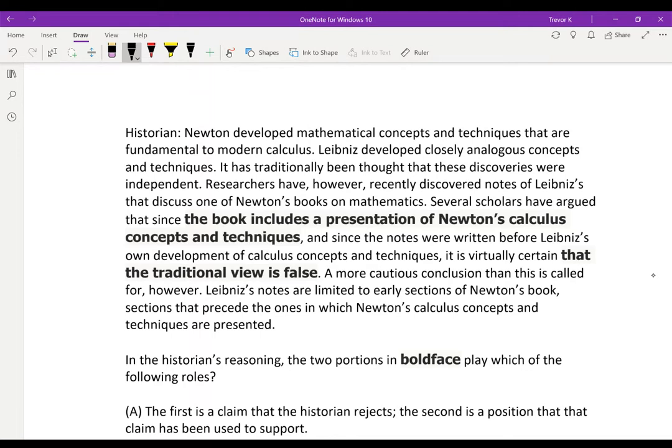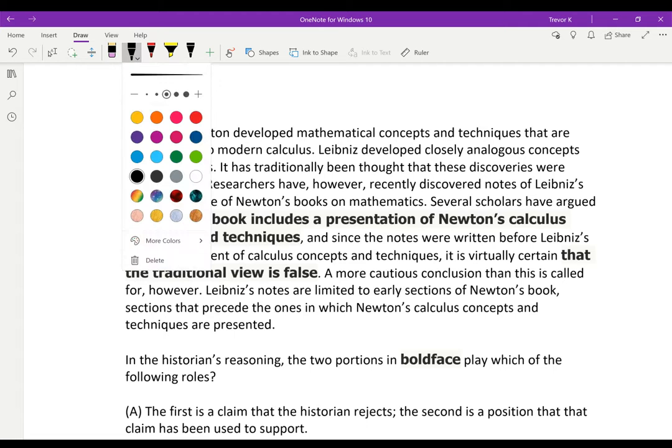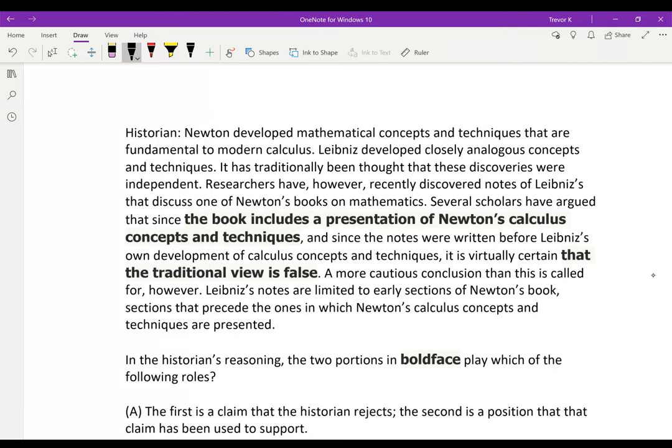So several scholars have argued that, what's going on there? All right, several scholars have argued that since, so that's a reasoning word, right? Since, reasoning. Since the book includes a presentation of Newton's calculus concepts and techniques, and since the notes were written before Leibniz's own development, it is virtually certain that the traditional view is false.